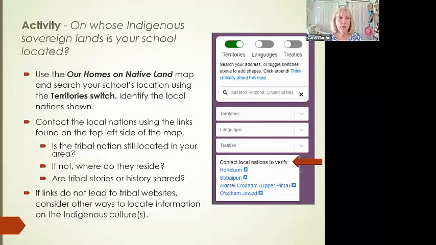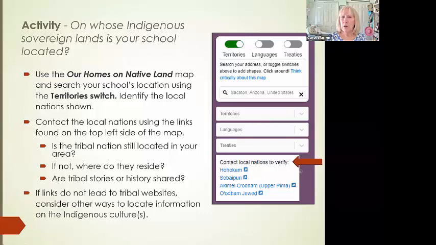So now we're going to go to our activity. I've titled it, "On Whose Indigenous Sovereign Lands is Your School Located?" We're going to be using the Native Land map that we saw. I'd ask you to search for your school's location using the territory switch.